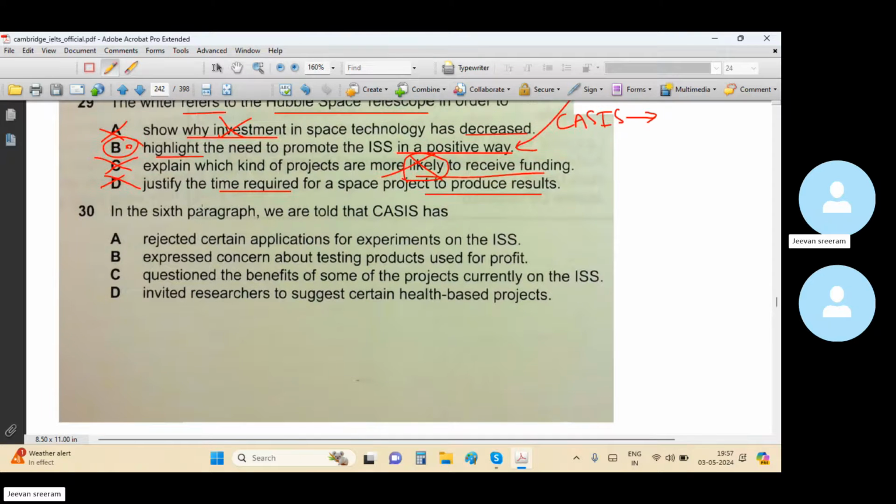Next, question 30. In the sixth paragraph, we are told that CASIS has rejected certain applications for experiments on the ISS. Where can we see this information?